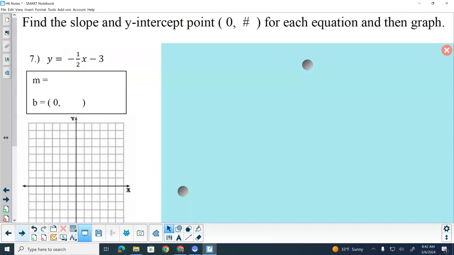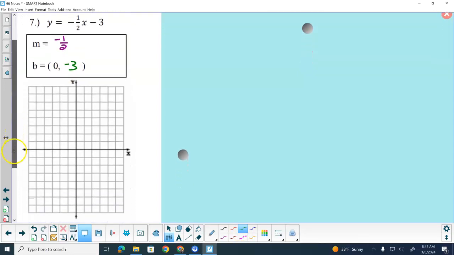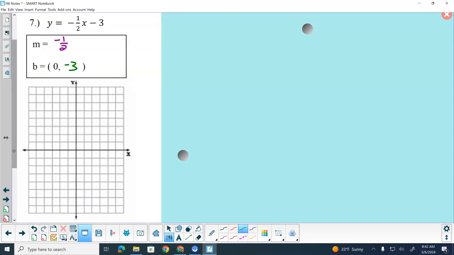Number 7 would have a slope of -1/2 and a y-intercept of 0, -3. One, 2, and 3, so right there.